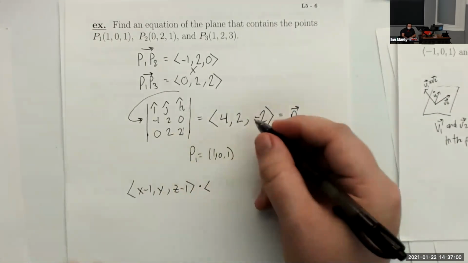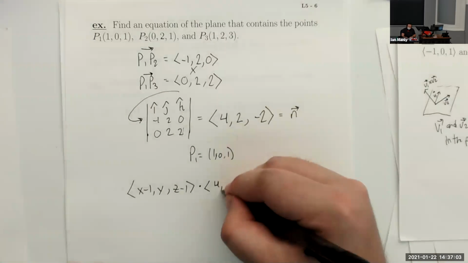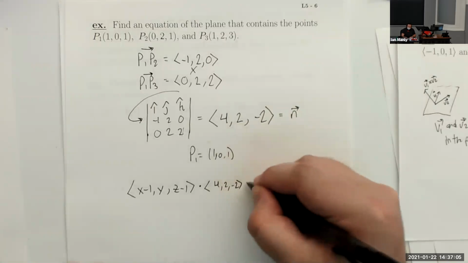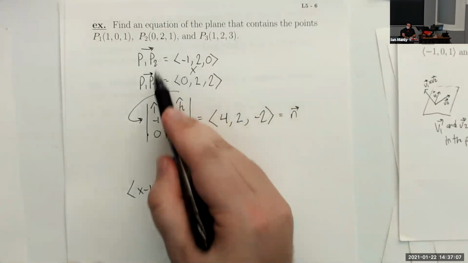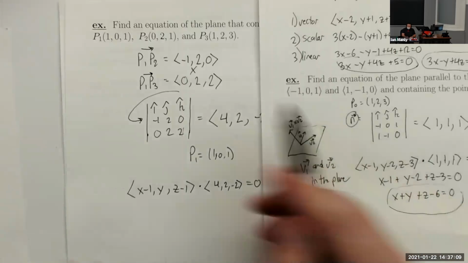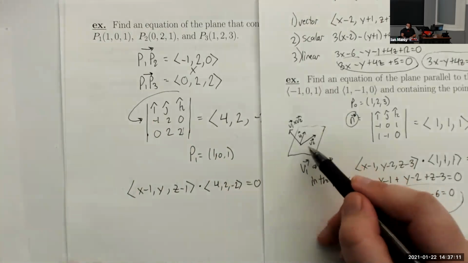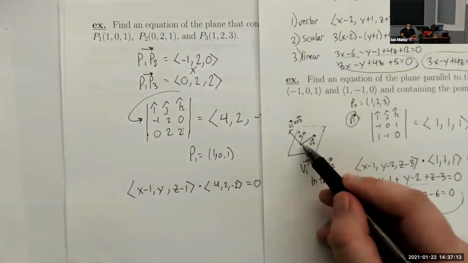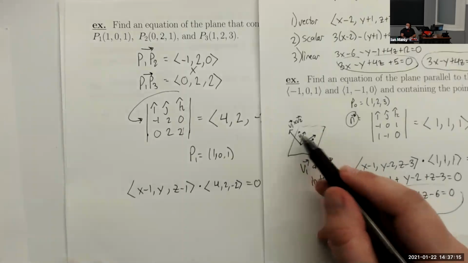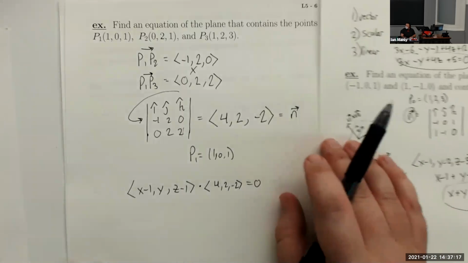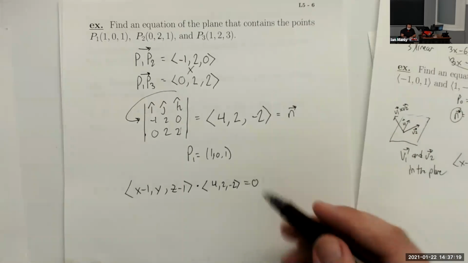I dot this with my normal vector, 4, 2, -2. And remember, since these vectors are inside the plane, if we dot them with the normal vector here, you should end up getting a 0.